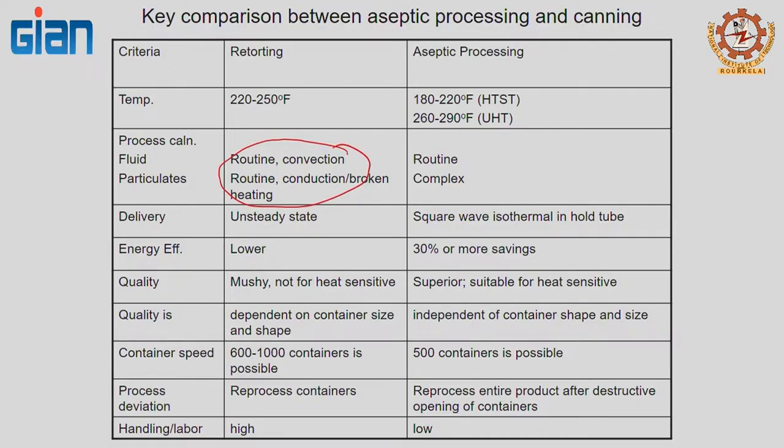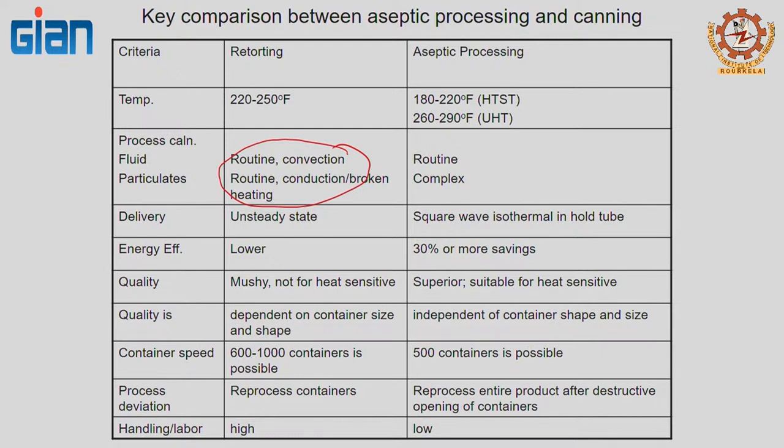For example, if I have orange juice and you want to can it, you put a thermocouple one third from the bottom of your can, measure the temperature, deliver a certain process temperature and time, and then you achieve sterilization. On the other hand, if you have a ham, which is a conduction-heated product, you put the thermocouple at the geometric center, and again you measure the temperature for a certain time. These are all cold spots in canning processes.